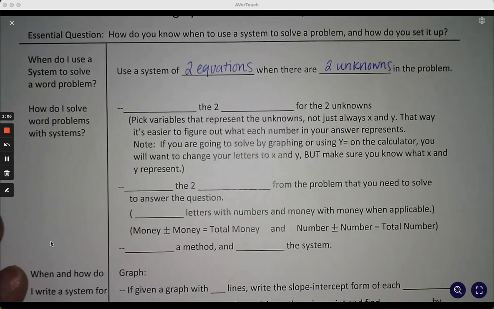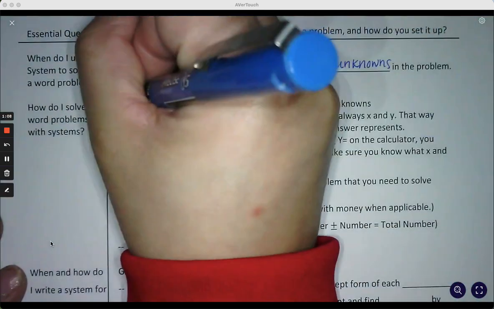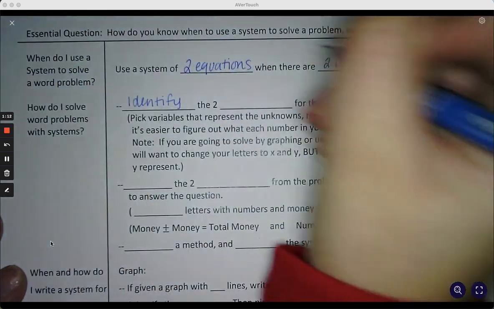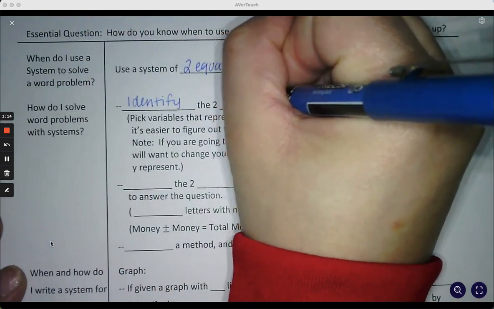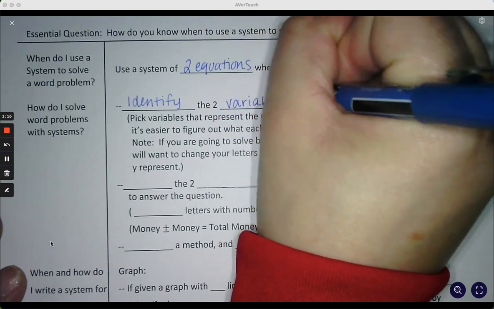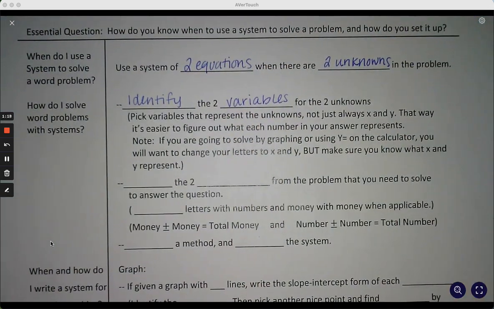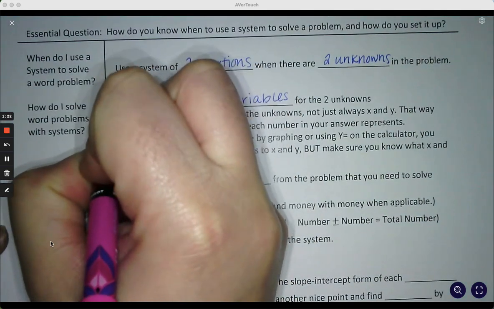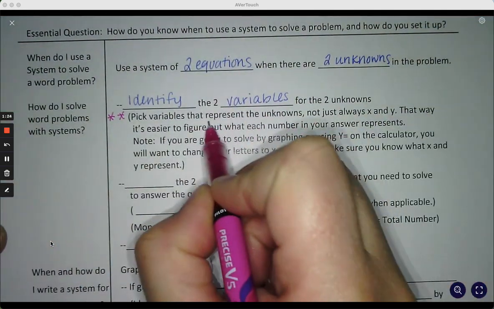So the first thing we're going to do is identify the two variables for the two unknowns. Okay, now it does say here to pick variables that represent the unknowns.